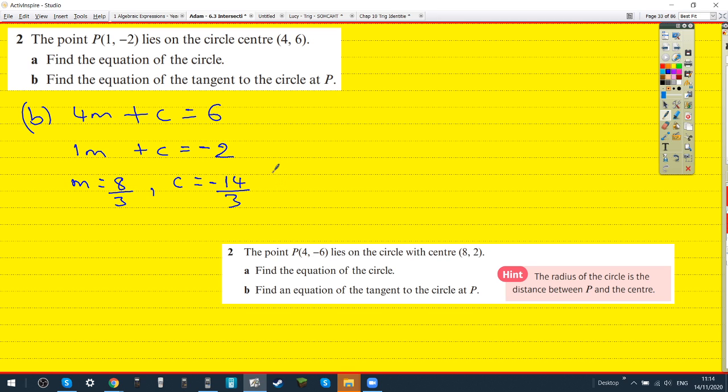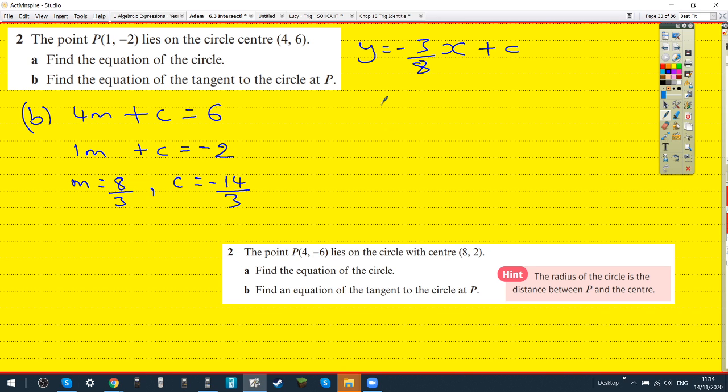And you write out y equals minus 3 over 8 plus c. Yep. And don't forget the x. Oh yeah, the x.